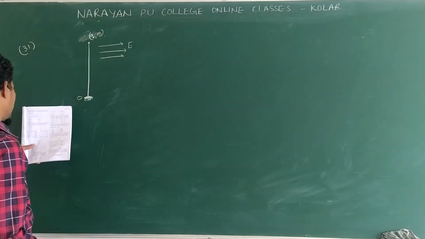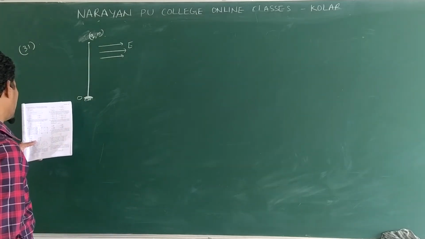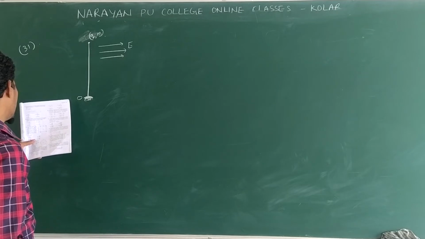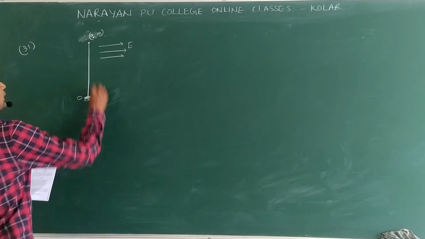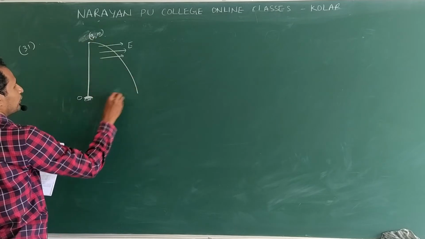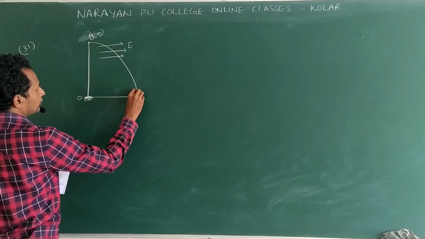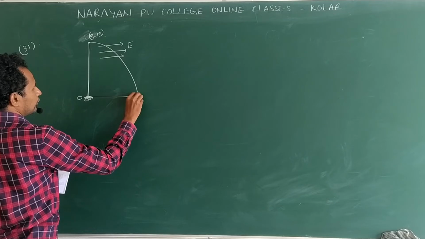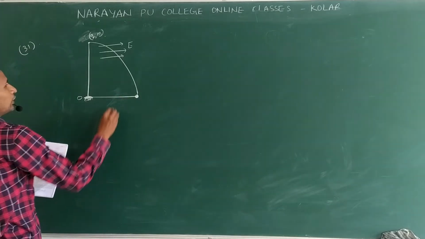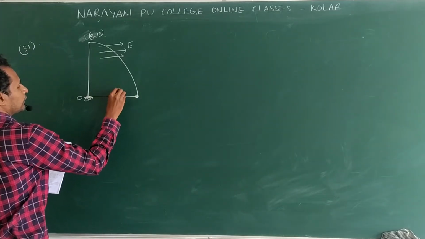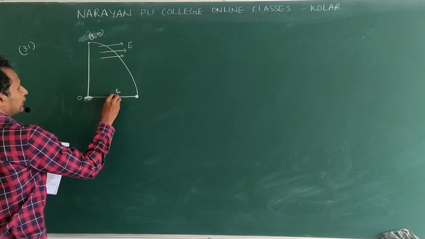They are asking for the tension in the string when it is rotated by 90 degrees. Let us say it's rotated like this. Length L. They are asking for the tension.